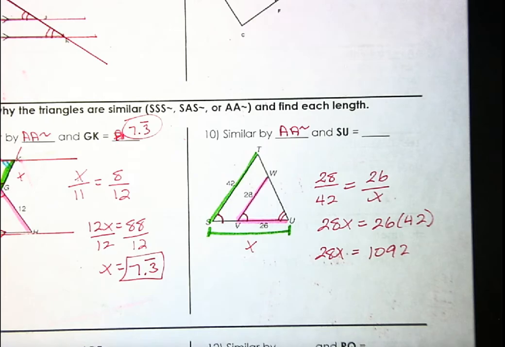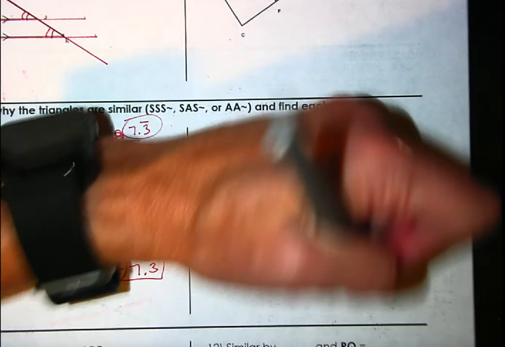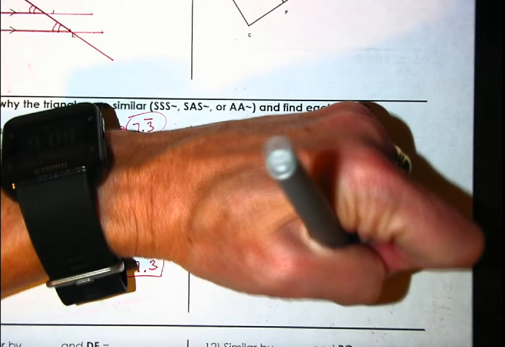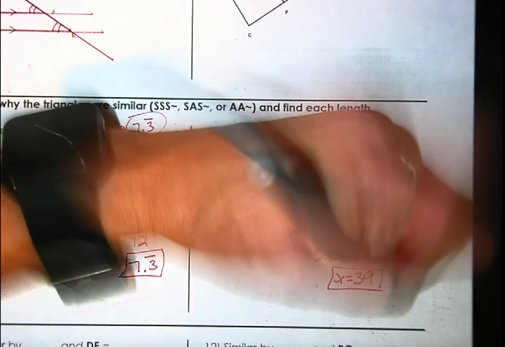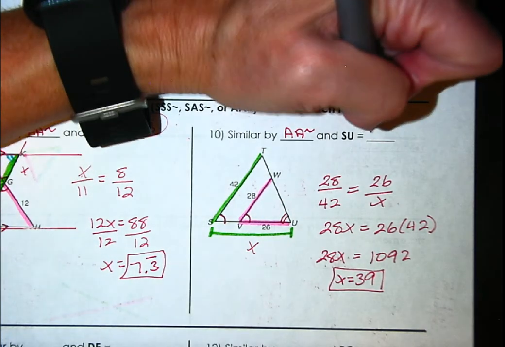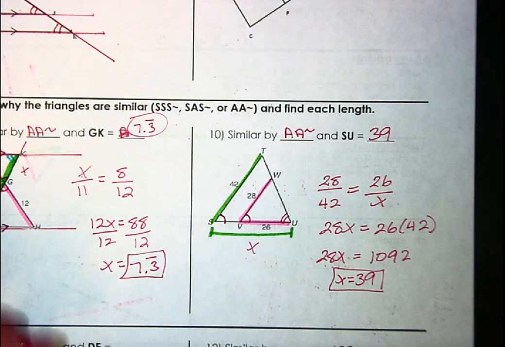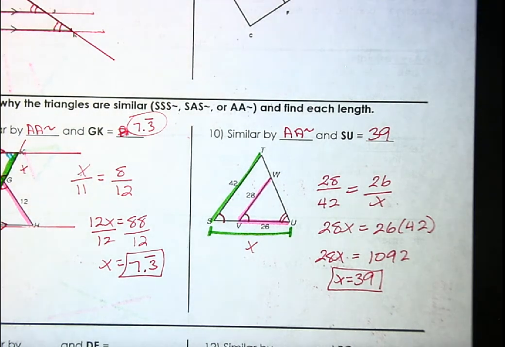And if I divide that by 28, I get 39. So X equals 39. So that's my length of SU, 39. Okay? All right, so let's try one more before we call it a night.